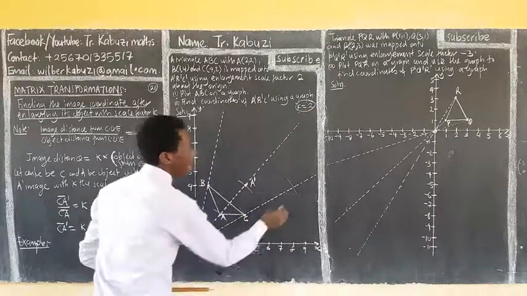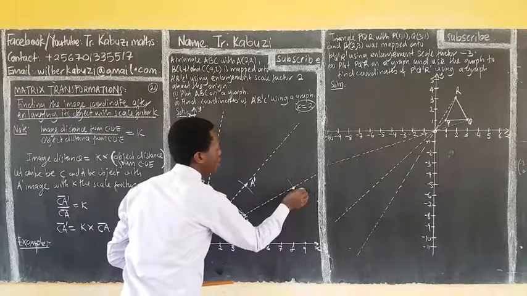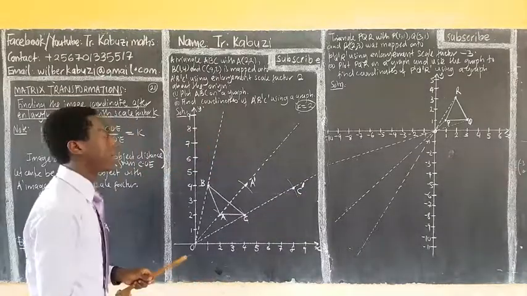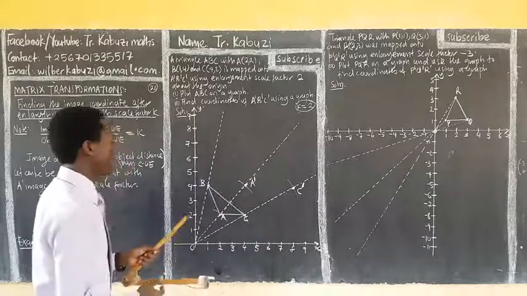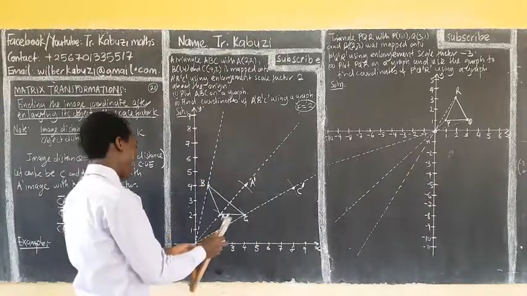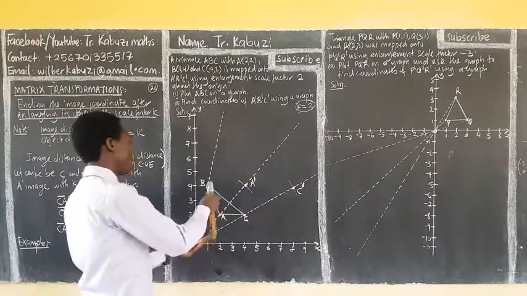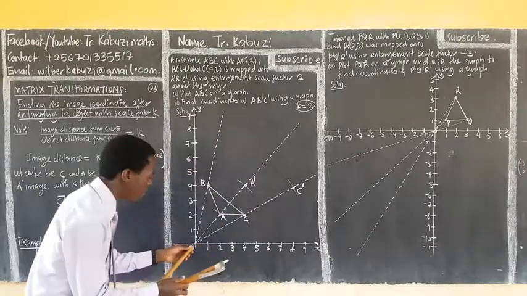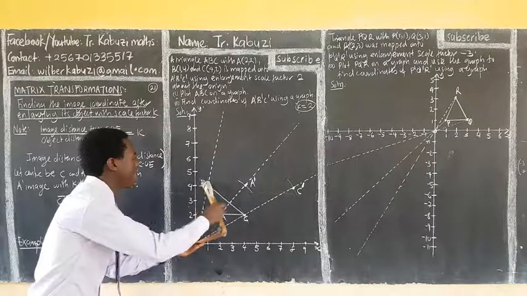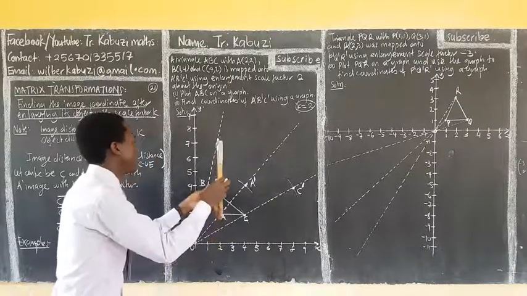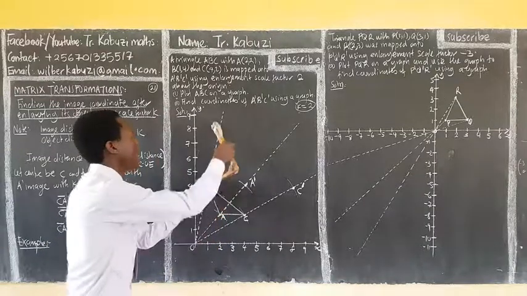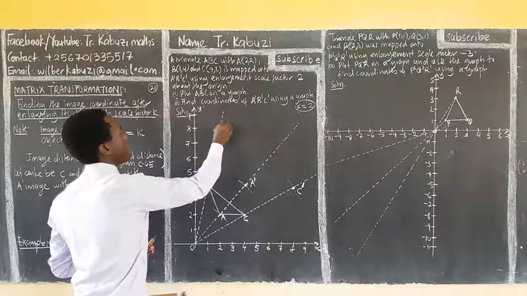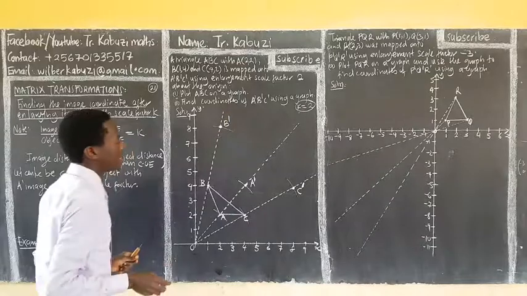So this is where my C prime is going to be. If it was a 3, you move 3. Then when I come to B, I measure the distance from the center up to B. I move it 2 times: this is the first time, then the second time is here. So this is going to be my B prime.